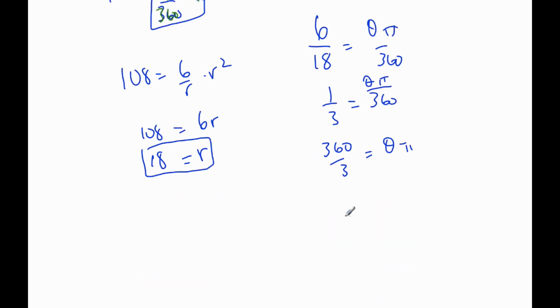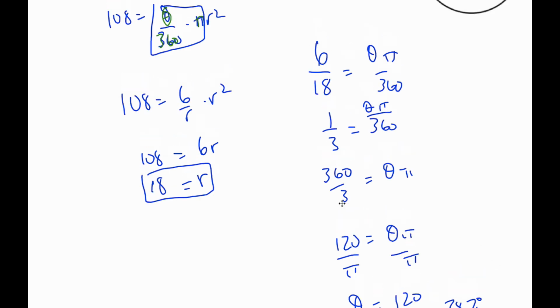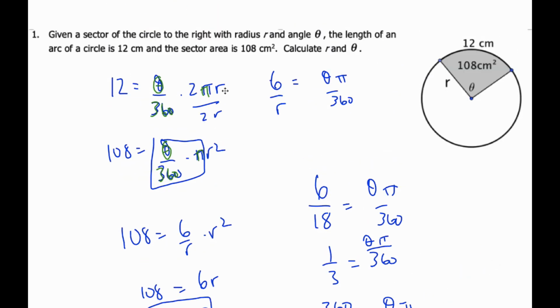And 120 is equal to theta pi, dividing by pi on both sides. I can say the exact value is 120 over pi, which is approximately 38.2 degrees. And so ultimately we just use our formulas here to get two equations with two unknowns, and we solve for r and theta.